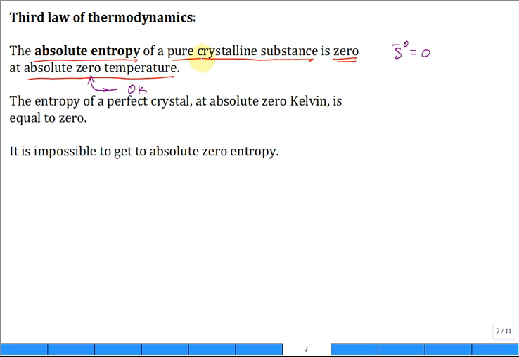And for a pure crystalline substance, what's the opposite of a crystalline substance? Something that's non-crystalline, or what we might call amorphous, unstructured. So a crystalline substance is very structured. Harken back to our concept of entropy as a measure of molecular disorder of the substance.